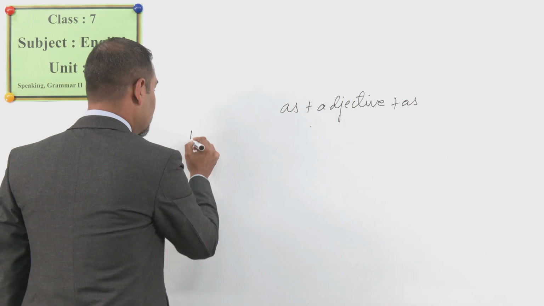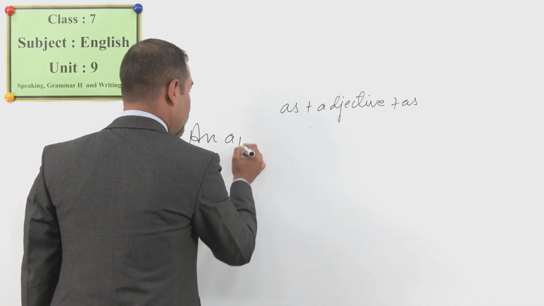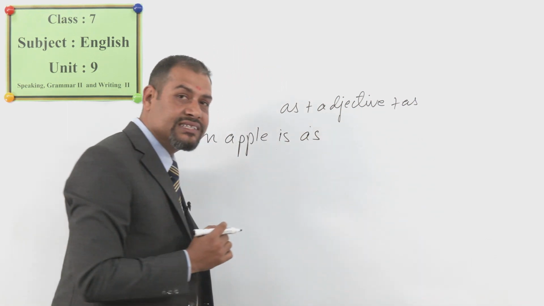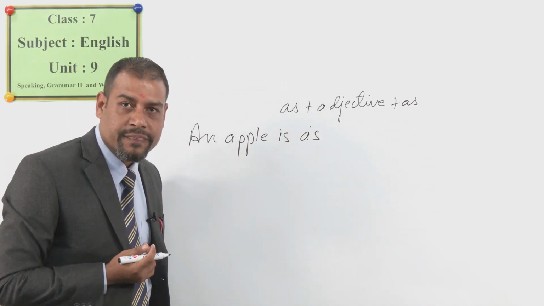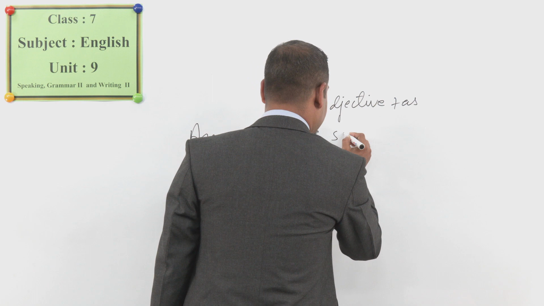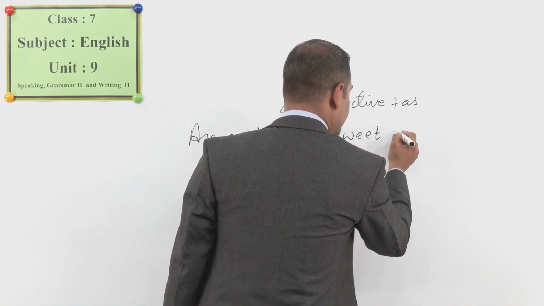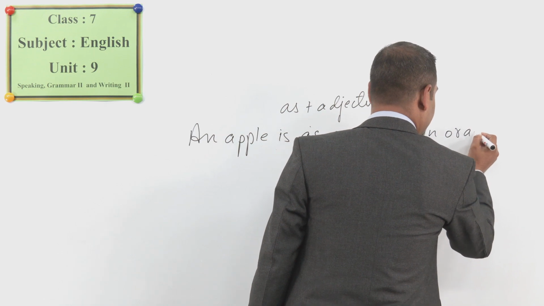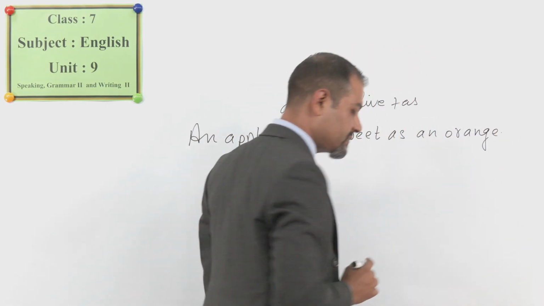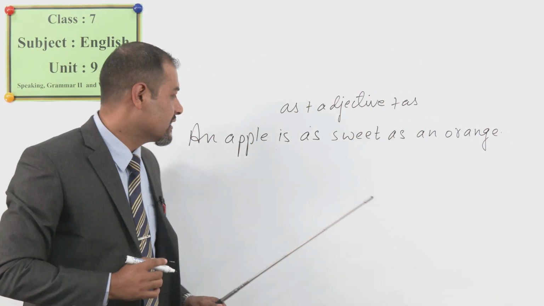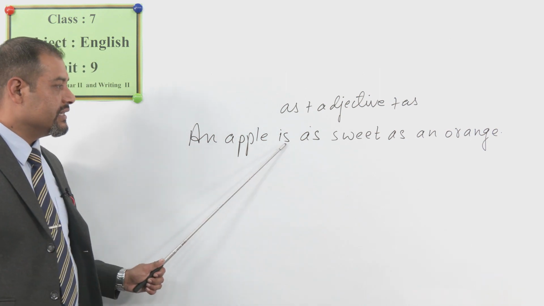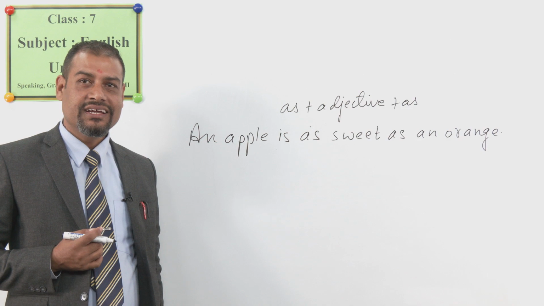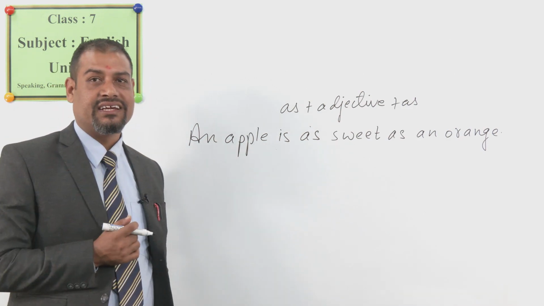An apple is as, then what is the adjective used in the clue? Good job. Sweet, S-W-E-E-T, sweet, as an orange. Okay, good job. See, the sentence becomes, an apple is as sweet as an orange. Okay, you have done very nicely.